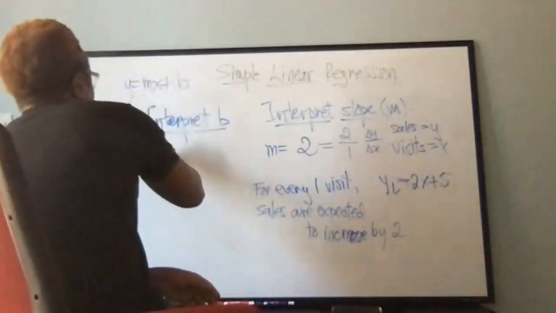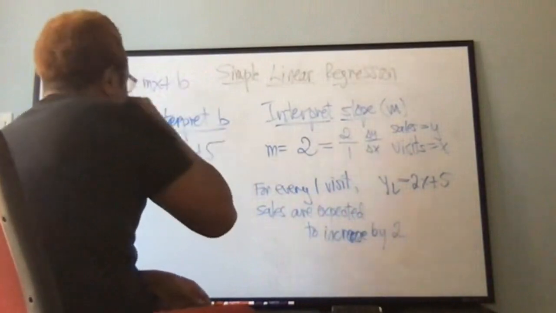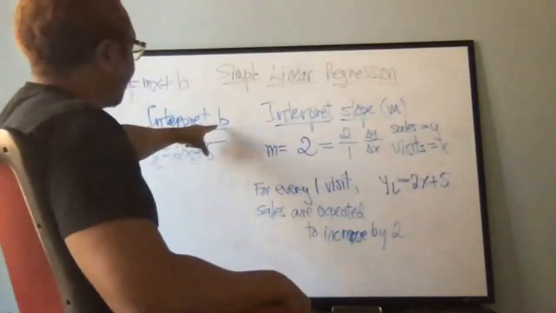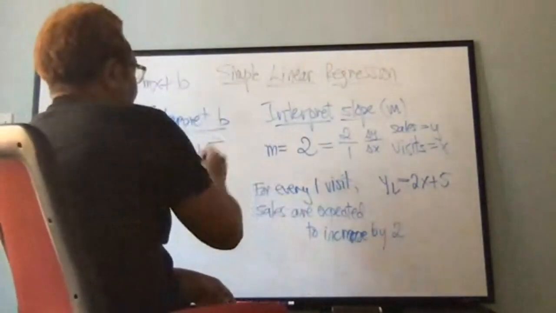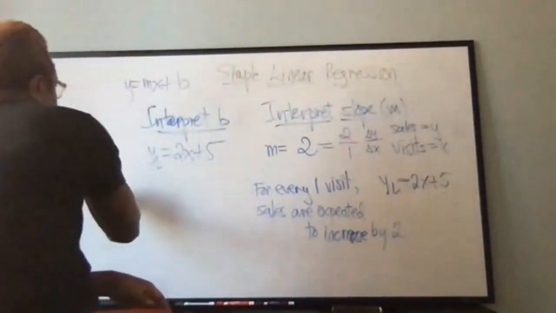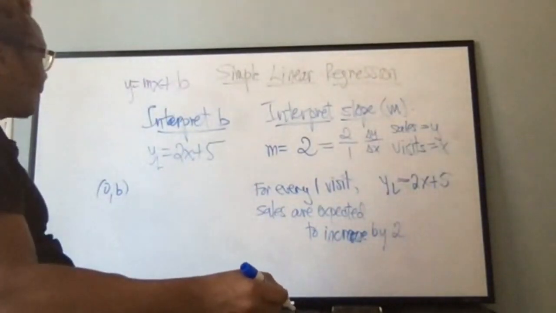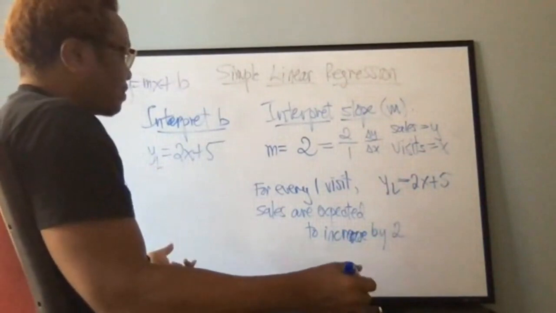I don't know if that makes sense. Something like y equals 2x plus 5. In order to interpret the b, or the y-intercept, which technically is the point (0, b), I have to make sure that 0 is in the range of the x values.